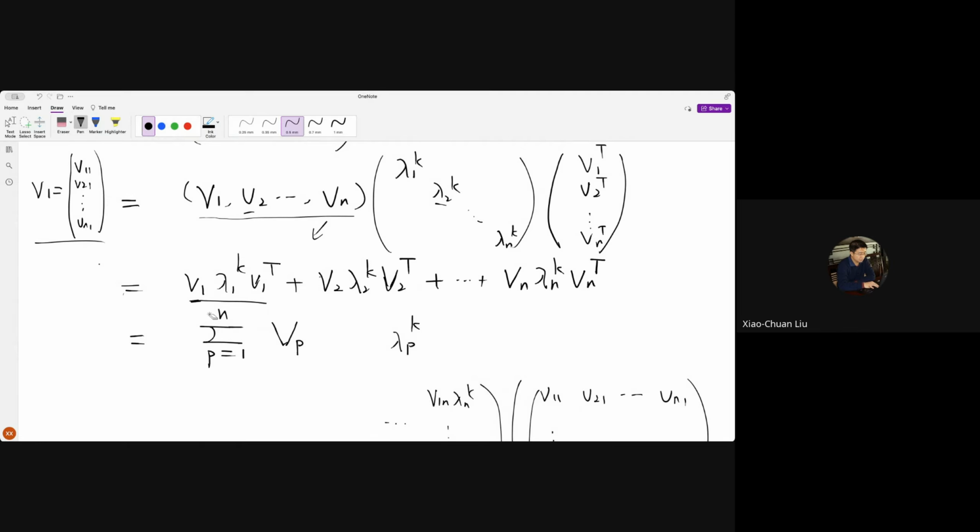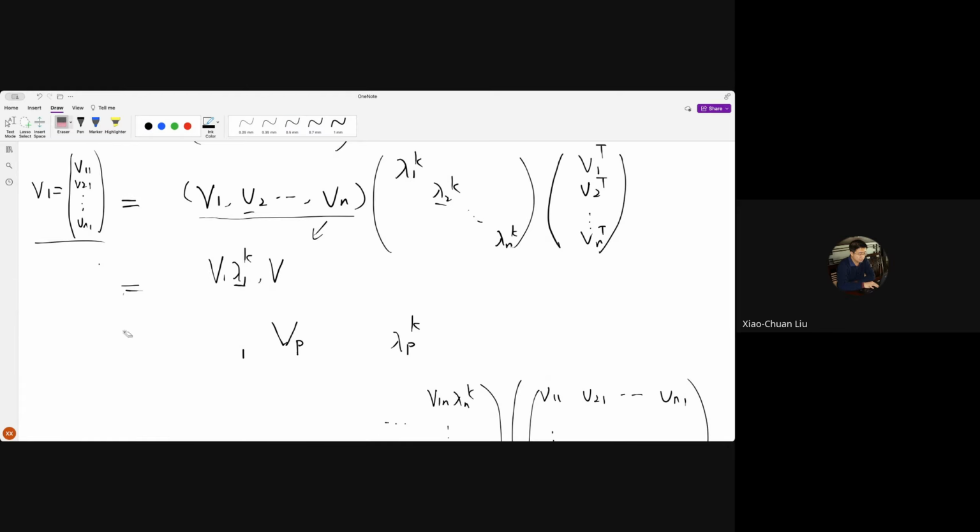Sorry, I think something is off here. So first thing, you have V1 and lambda 1 to the power of k. So this is a number, and we... okay.